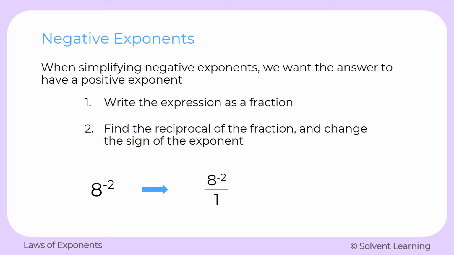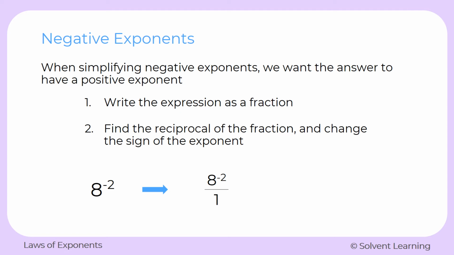Our second step is to find the reciprocal of the fraction and then change the sign of the exponent. Now, in case you forgot, the word reciprocal also refers to the inverse of a fraction. The easiest way to think of it is that you're going to flip the fraction.